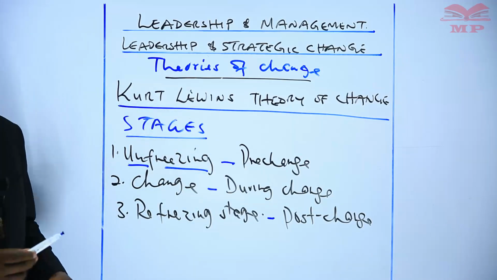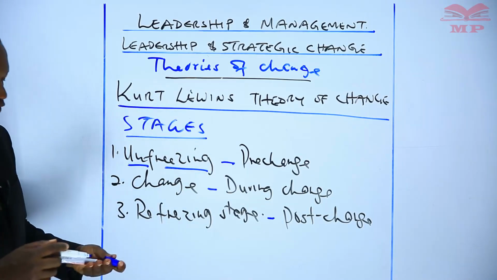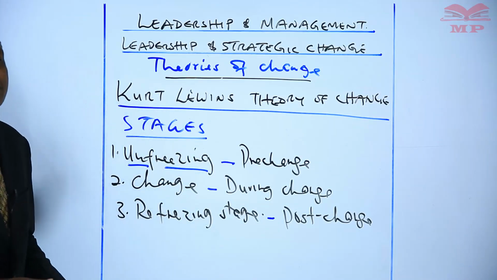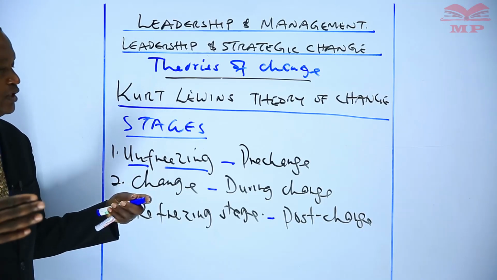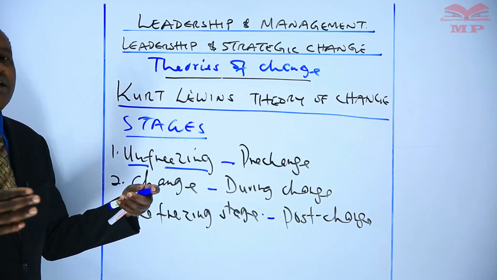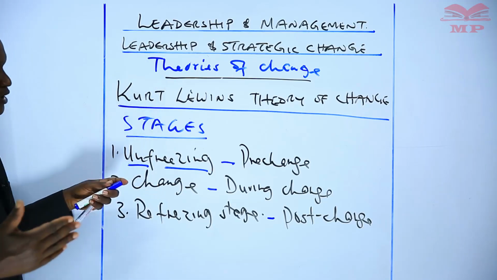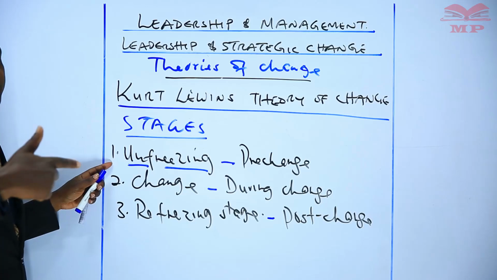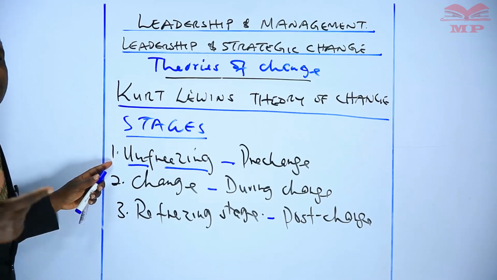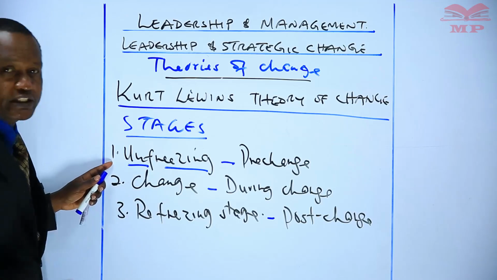The unfreezing stage. Now, for Lewin, candidates, human behavior, according to Lewin, is based on what is known as the quasi-stationary equilibrium that is supported by a complex field of forces.